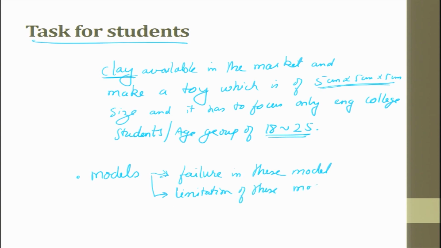I expect you to make more, but if you can make one, it is also fine. And then you should also see, did you use the layer by layer technique? If you used it, is there a time reduction for building up the same part? Please try to do this. You will appreciate what we are studying in this course. Thank you very much.